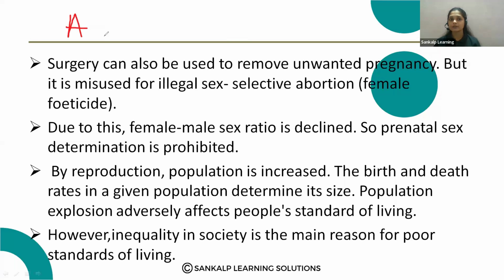Asexual reproduction. In asexual reproduction, we have studied about the different types performed in different organisms, like fission. In fission also we have studied examples and types.